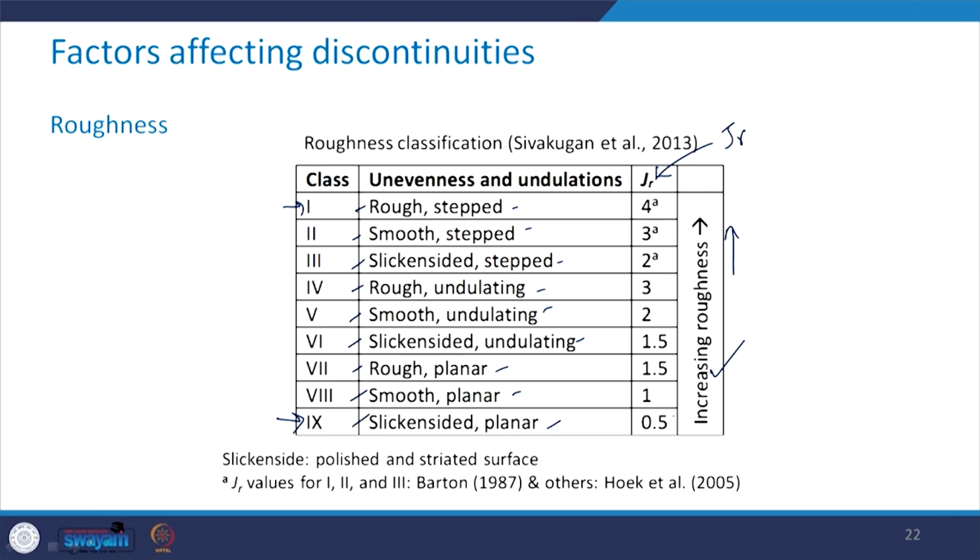The rating has been given like 0.5, 1, and it goes up to 4. Wherever this superscript A is there, for these 3 values, the roughness was defined by Barton and the rest by Hoek et al. in 2005. We will discuss these in detail when we discuss the classification of the rock mass.